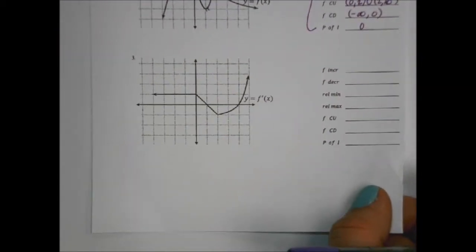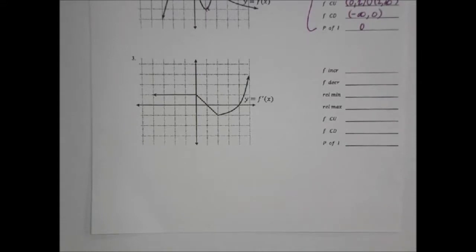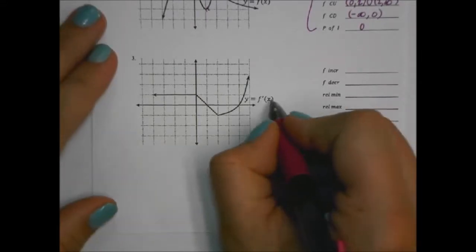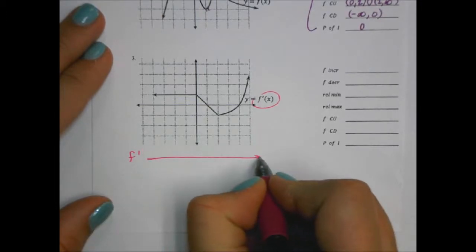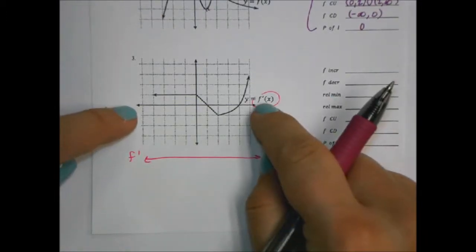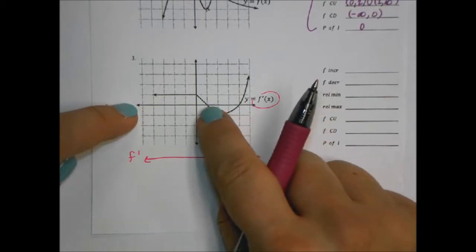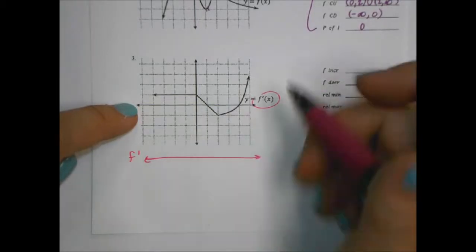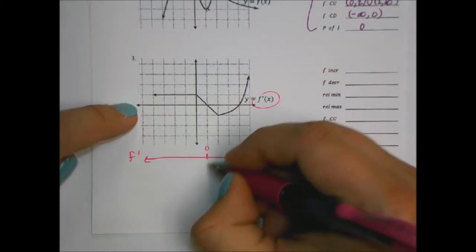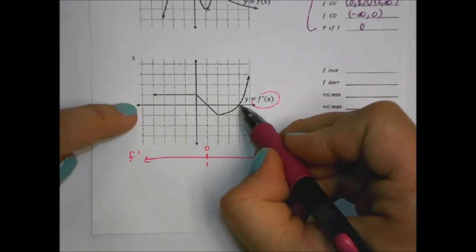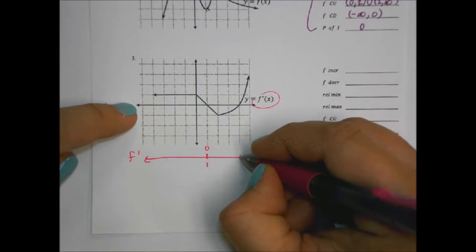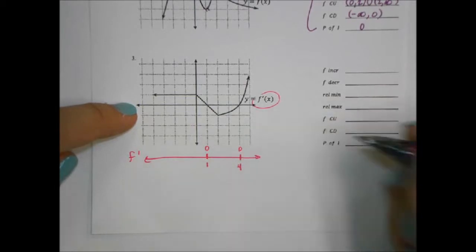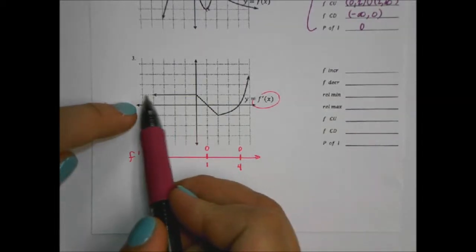We'll start with our f prime number line, which is really just our x-axis here. If I were just looking at my x-axis, I have a 0 at 1, and I have another 0 here at 4. Anytime my graph is above the x-axis, it's positive.